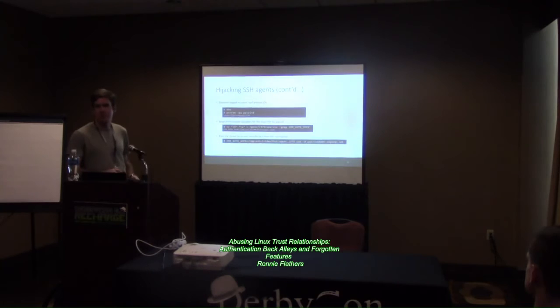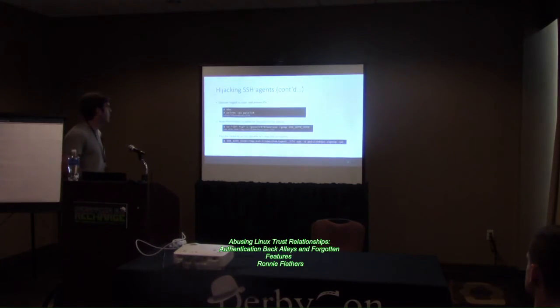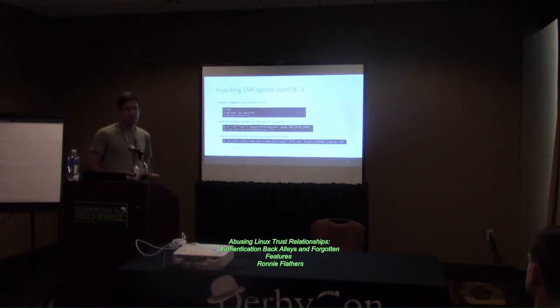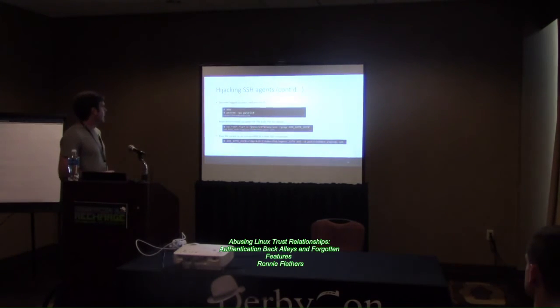So Kerberos is hard to configure. It's not extremely widely deployed, but everyone uses SSH. And a lot of users who use SSH will use SSH agents, and they'll do SSH agent forwarding. So is everyone kind of familiar with SSH agents and forwarding?